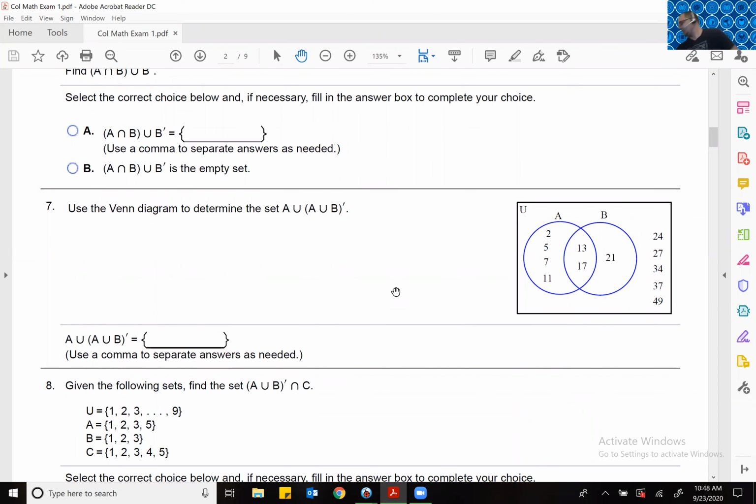All right. Number 7, they have been nice enough to provide us the Venn diagram, still in section 2.3. A union (A union B) complement. All right. So, do we have parentheses?